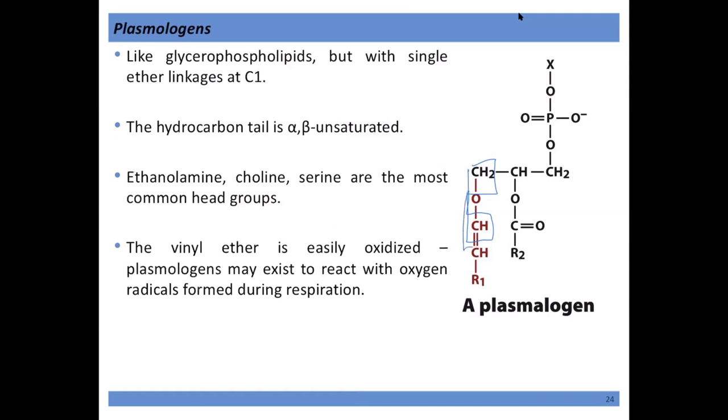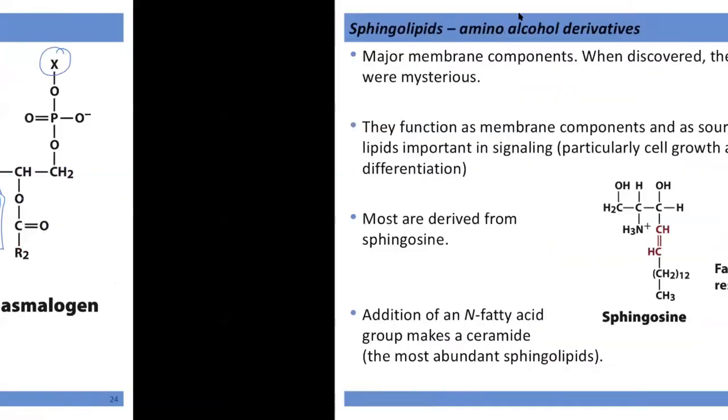And so what happens is this site gets oxidized instead of other places, and then it gets regenerated. So again, even within glycerol phospholipids, there is some variety. Like I said, you get the variety of the groups attached to each oxygen, you get the variety at the phosphate head group, and now we actually get variety in the linkage to the glycerol backbone.